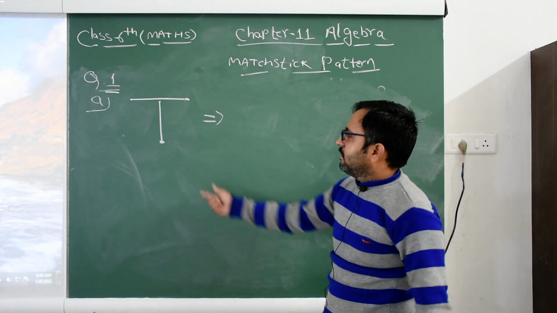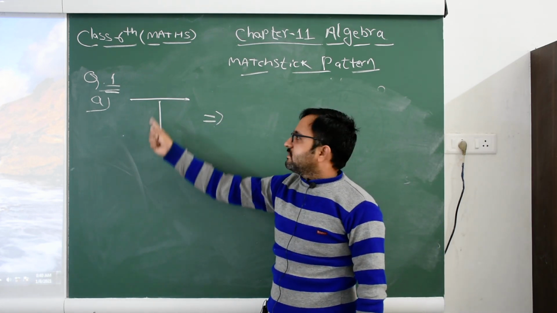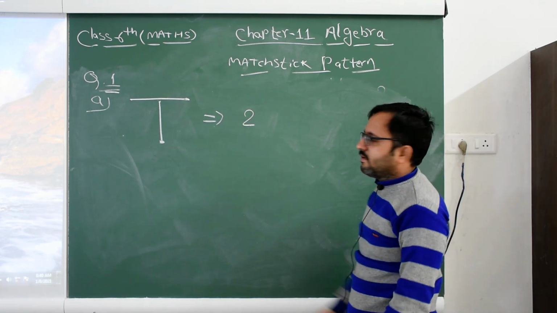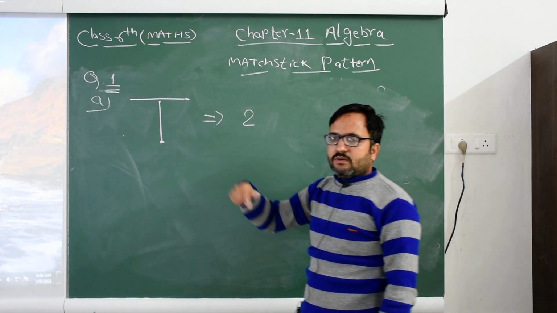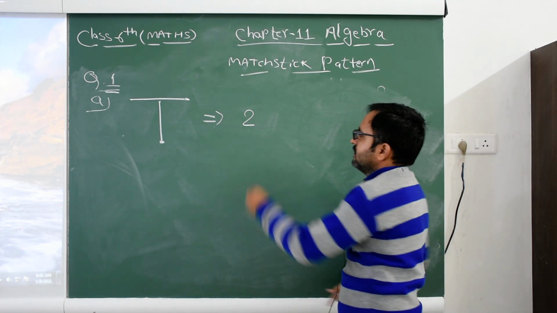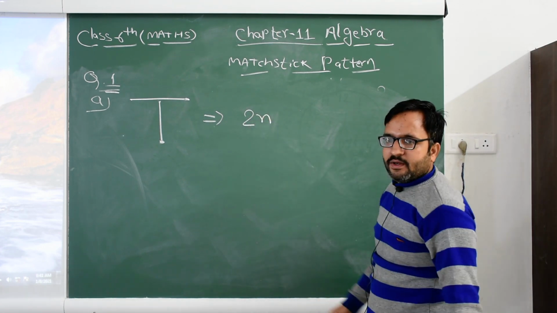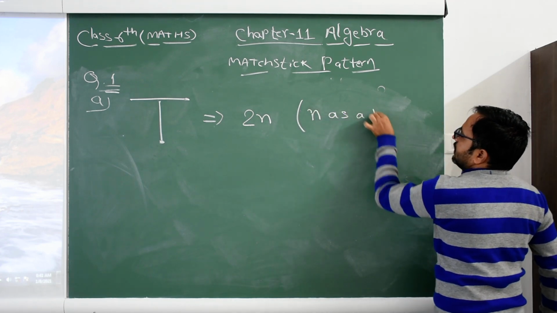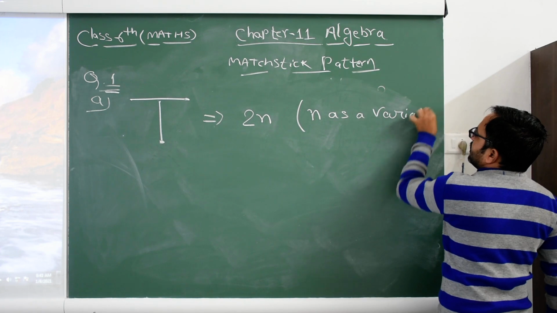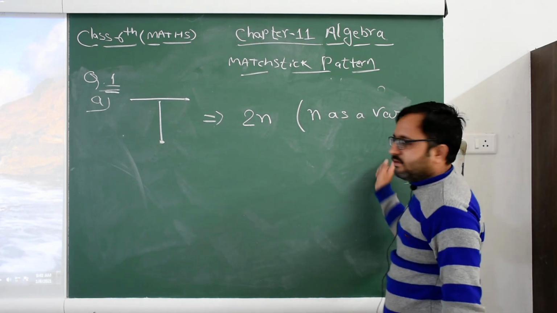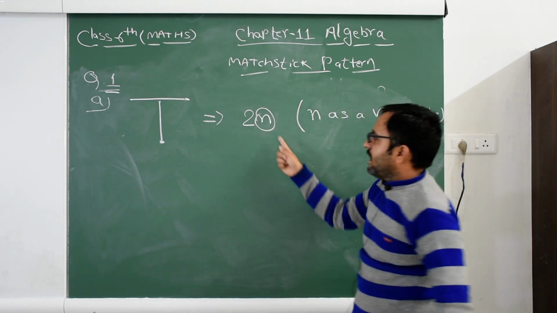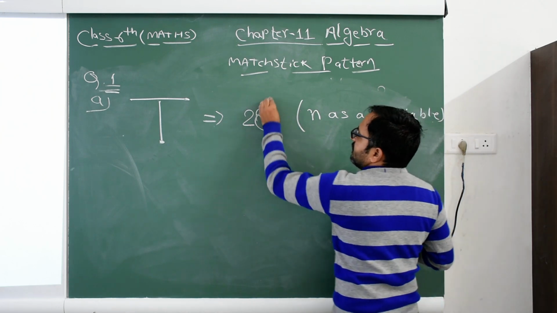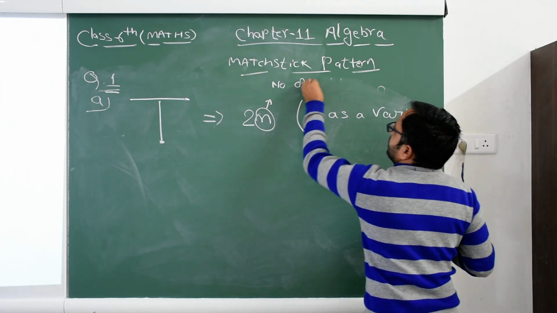For letter T, how many matchsticks do we use? 1 and 2. So 2 matchsticks we use for the first letter. So the rule will be 2n. n is a variable, and n shows the number of letters.